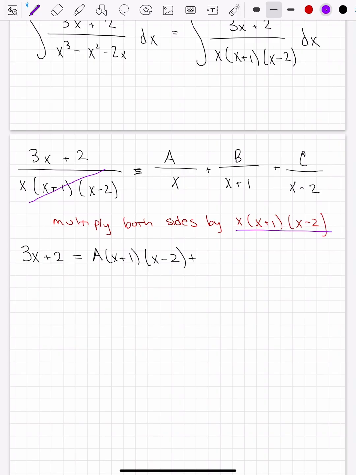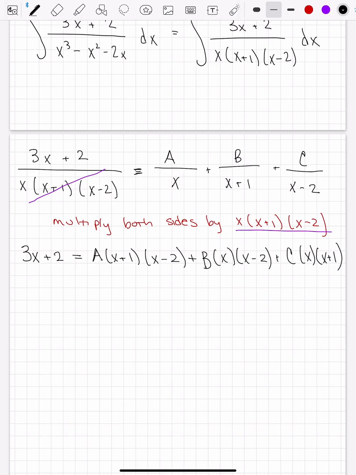So all we're left with on this term is the B and the x and the x minus 2. Right, and in the third term, the x minus 2 in the denominator will cancel out the x minus 2 in what we multiply by. So all that's left on that term is x and x plus 1.